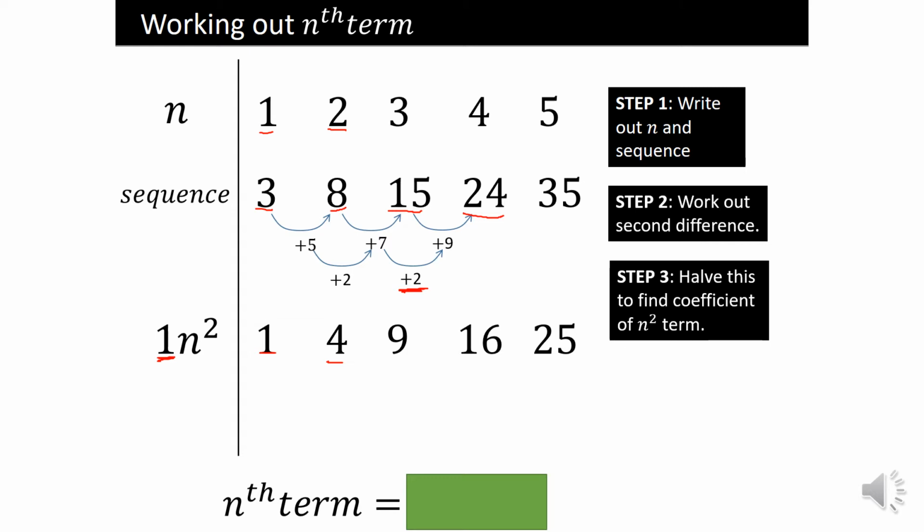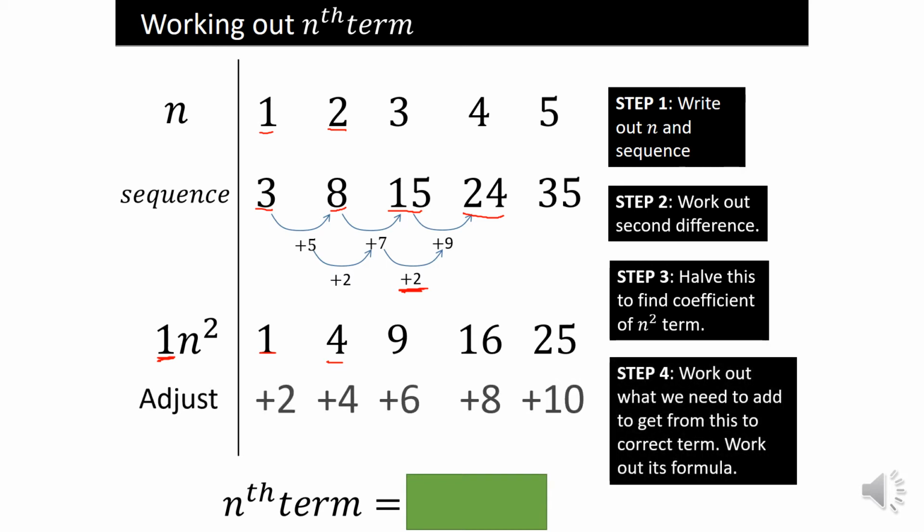So what we need to do now is work out what the adjustment is to get from our 1n squared to our sequence. When we did this yesterday we just got the same number each time. So let's say it was 1 each time, we'd have 1n squared plus 1. But today it's a little bit different.